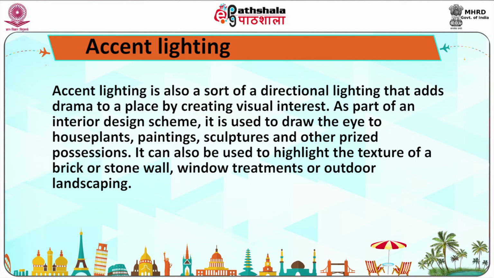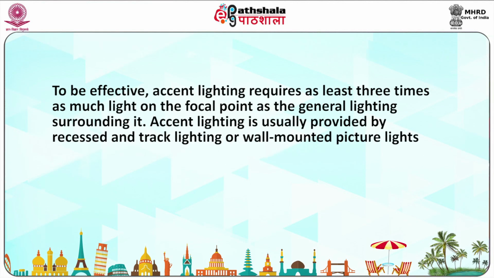It can also be used to highlight the texture of a brick or stone wall, window treatments or outdoor landscaping. To be effective, accent lighting requires at least 3 times as much light on the focal point in comparison to the general lighting surrounding. This lighting is usually provided by recessed and track lighting or wall mounted picture lights.